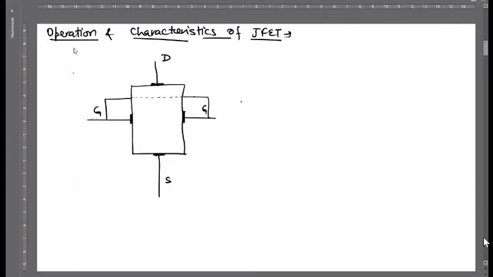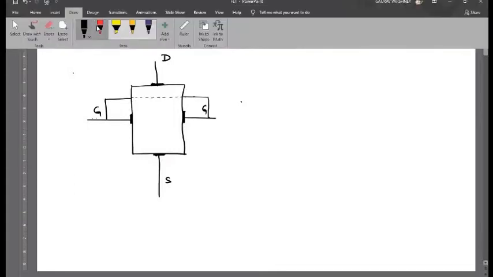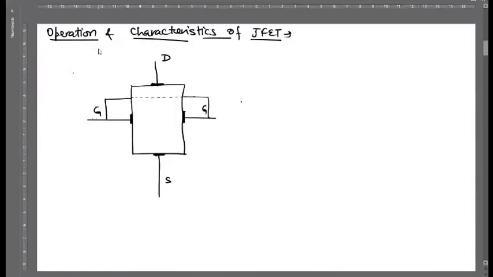And this is the drain. And here, this is a very important portion. You see how the gates are developed in JFET. We take an N-type semiconductor, and we make two P-type diffusions at different sides of this slab.